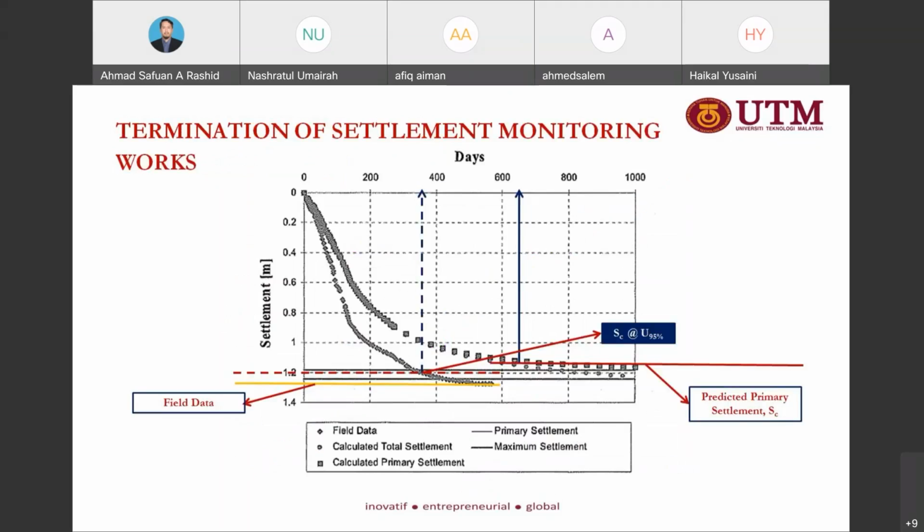So, termination of settlement or monitoring work. When the primary settlement is complete, it is not necessary for us to continue the monitoring process.